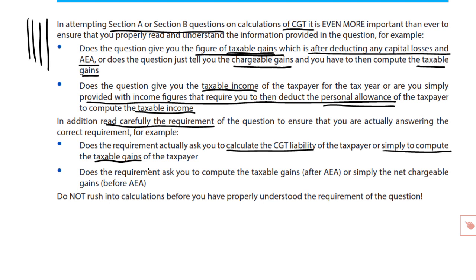Do we want the gains upon which you would base that tax calculation? Does the requirement ask you to compute the taxable gains after AEA, or simply the net chargeable gains, which would be before AEA? So don't rush into those calculations. Make sure you properly interpret and understand what the question wants you to do.